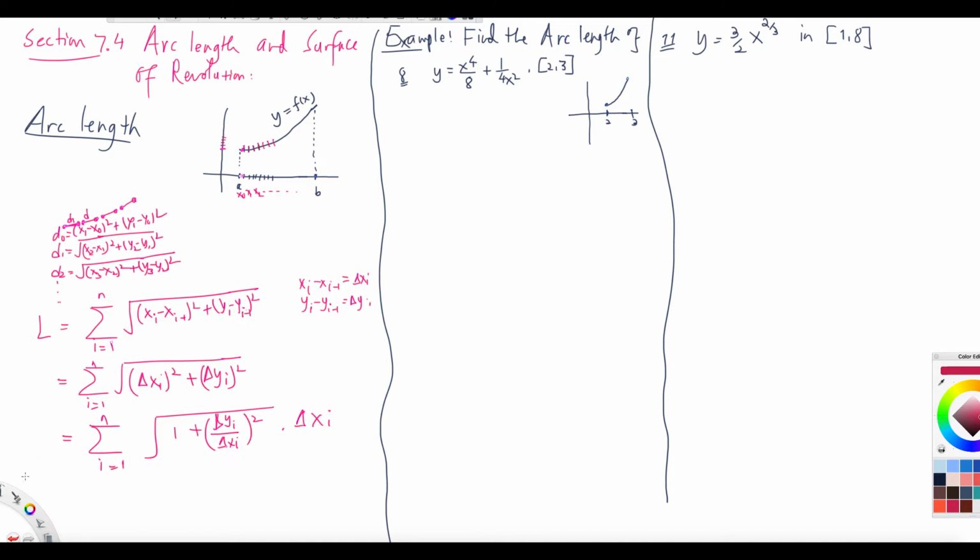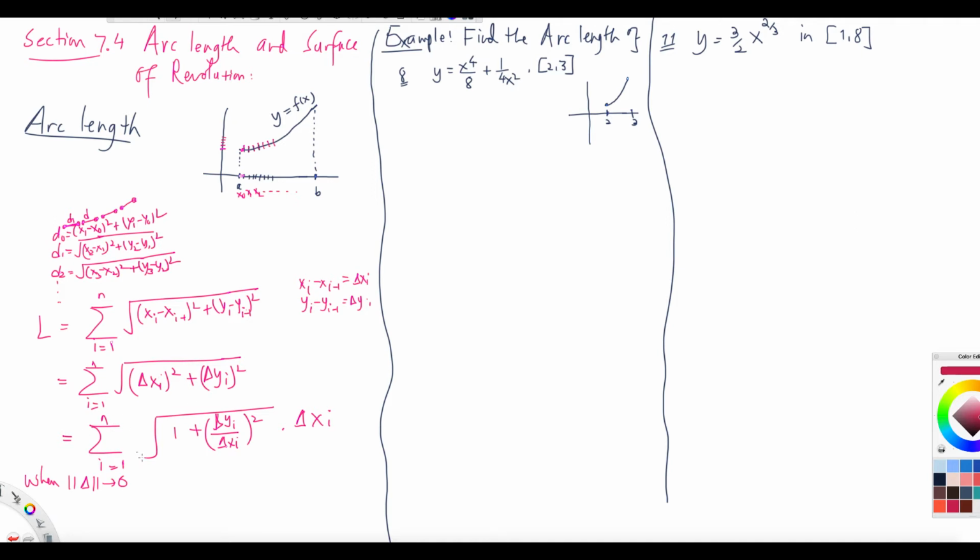So when the norm of delta tends to 0, meaning you make every subinterval very tiny, so you have infinitely many subintervals, infinitely many pieces, n will tend to infinity.